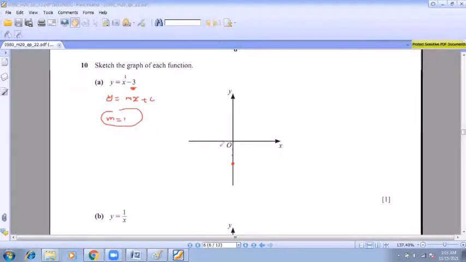So your line will go up from left to right. If you draw, it is like that. This is your sketch of the line or function, and it is a straight line. That's it.